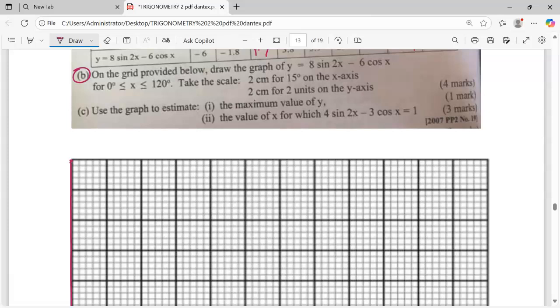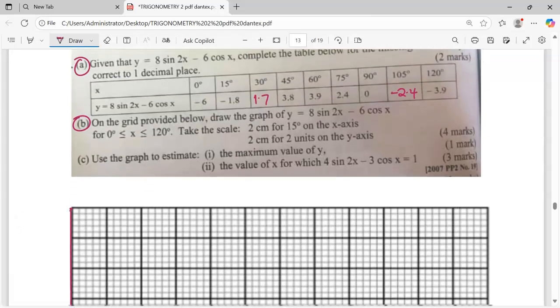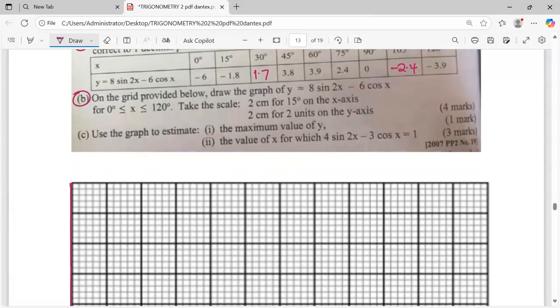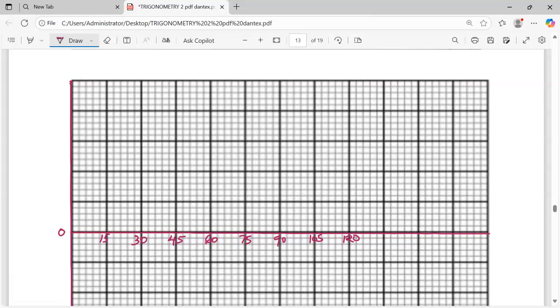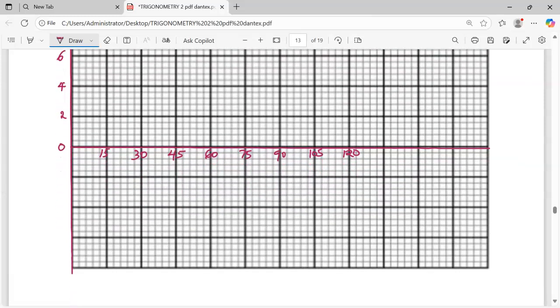Next, we are going to have the values of y, the lowest being negative 6, and therefore I'm going to use a scale of 1 centimeter to represent 2 units. So we are going to have 2, 4, 6. Then downwards, we are going to have negative 2, negative 4, and negative 6.